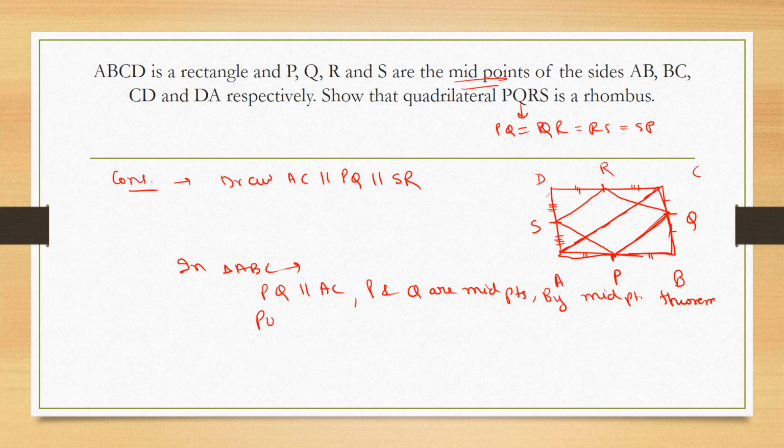So PQ is parallel to AC, that we have already chosen, but it is half of AC too, right?